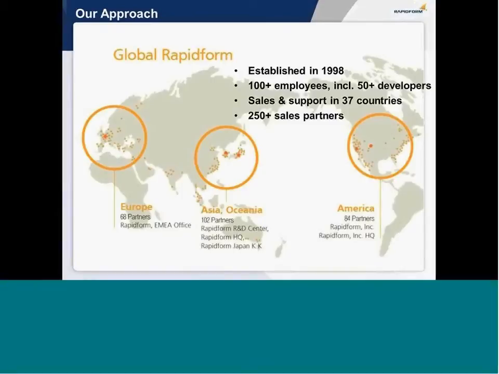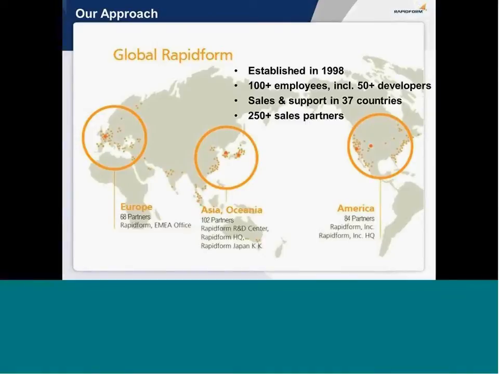Some words about our company. Our company is Ines Technology, which is in Seoul in South Korea. And we have several offices over the world. Ines Technology was founded in 1998 with over 100 employees now, including more than 50 developers.